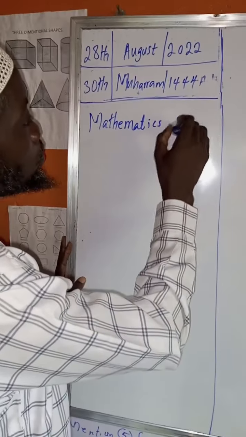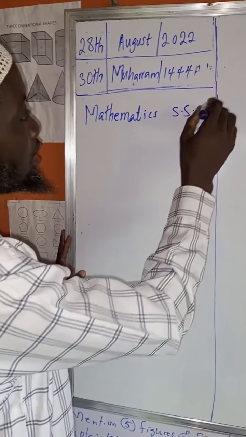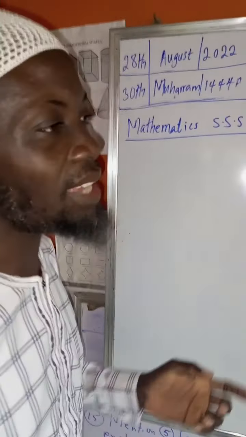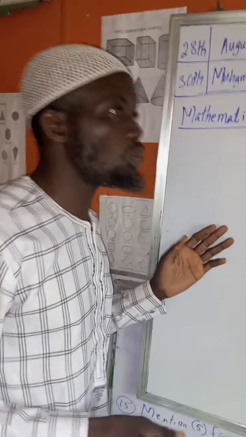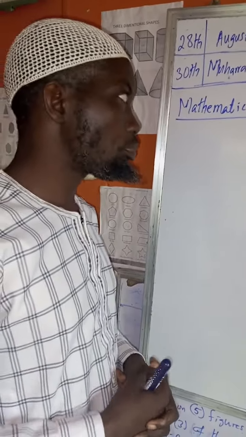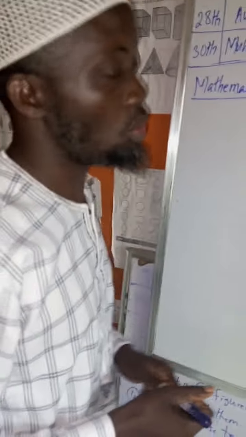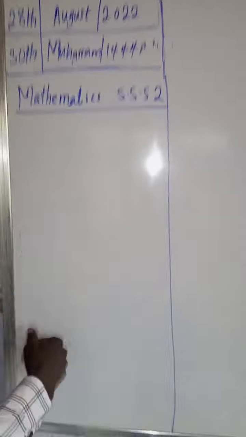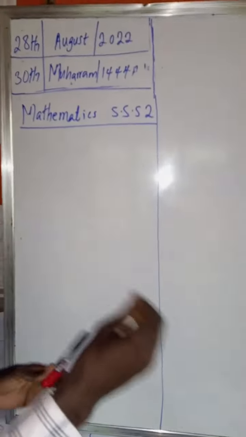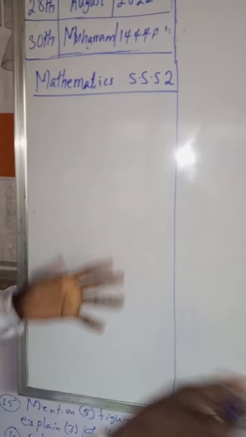Mathematics, SS2. I do advise that SS3 can keep watching too, but the class is mainly for SS2. We are going to rush to make sure we finish because it entails two subtopics.